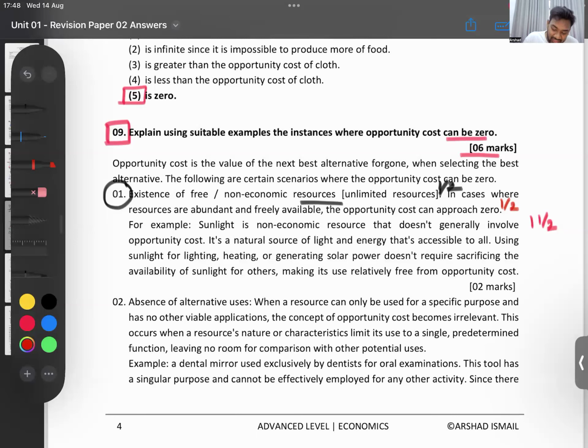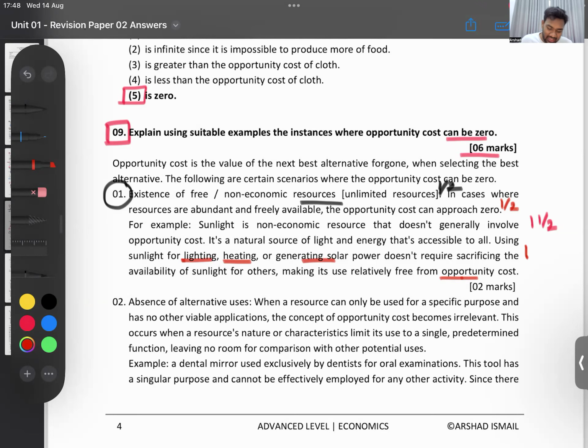Using sunlight for lighting, heating, generating solar power doesn't require sacrificing anything else. Therefore, there is no opportunity cost. Half a mark for writing the reason, half a mark for expanding the reason, 1 mark for the example. That's how you get your 2.